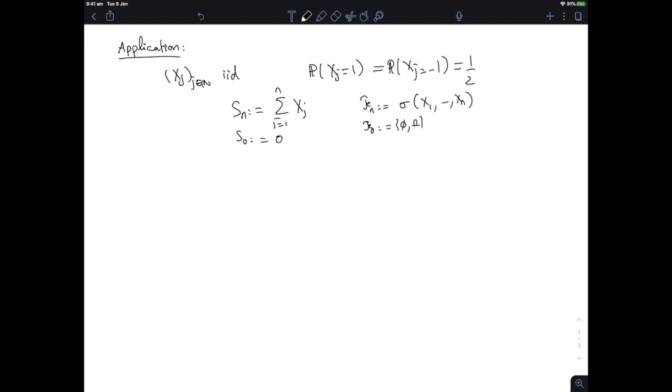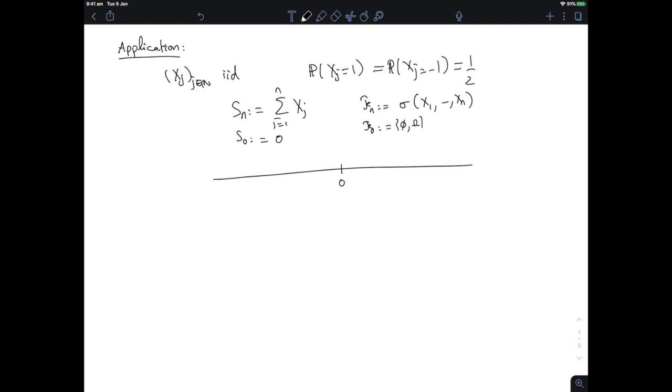Now, Sn is the accumulated wealth, if you think of Xj as your gain or loss in a fair game with two possible outcomes. You can also visualize Sn as what's called a random walk.